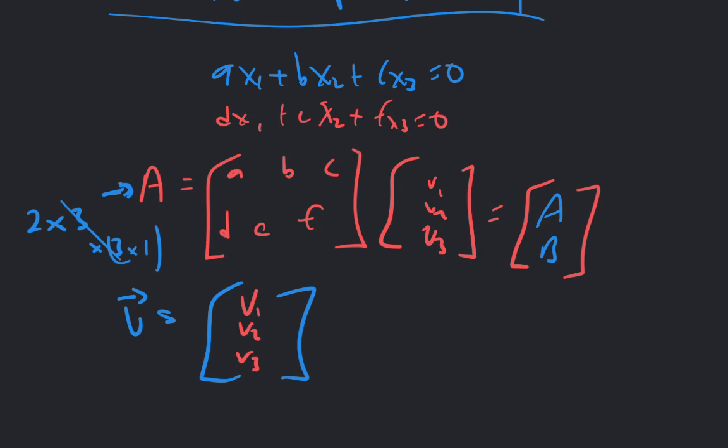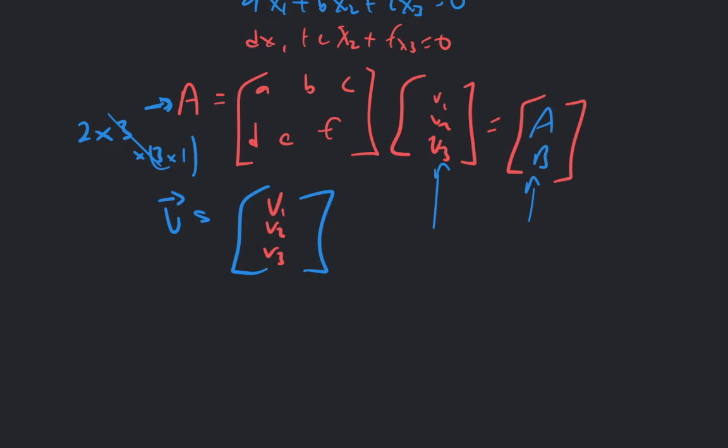But because we're talking about the null space, we would be getting zeros for this. And this vector is mostly what we're trying to find; this vector would be considered the null space of the matrix.